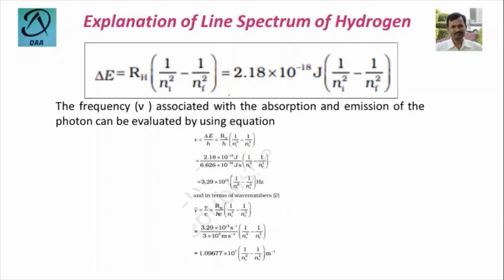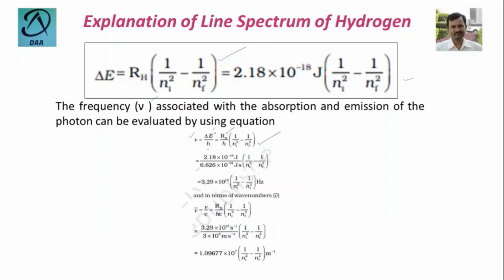If we consider this equation, then we know the frequency. Frequency nu is equal to delta E by h. If you replace delta E with this equation, we find that frequency is equal to RH by h multiplied by 1 by Ni square minus 1 by Nf square.